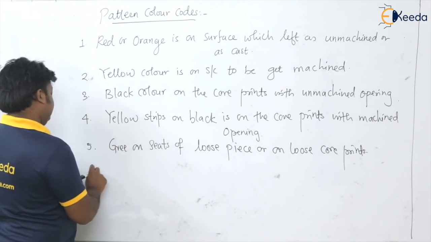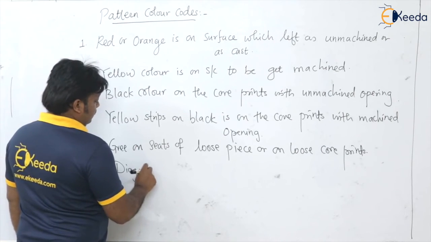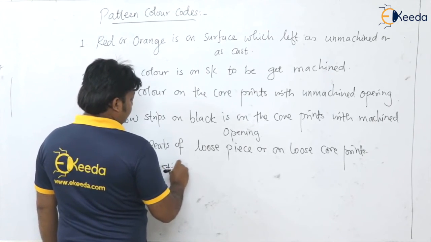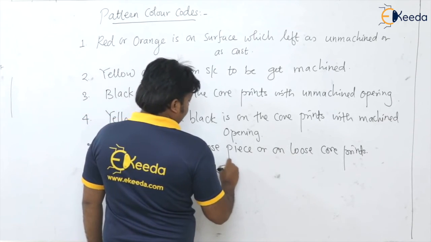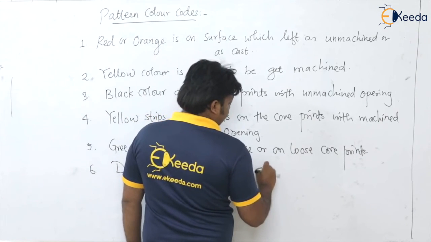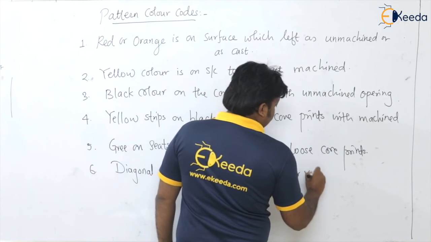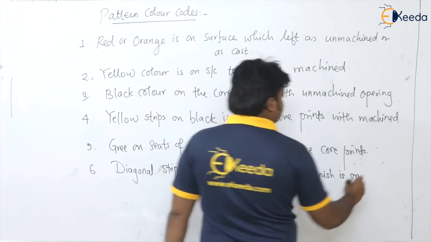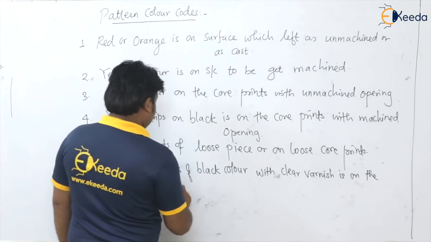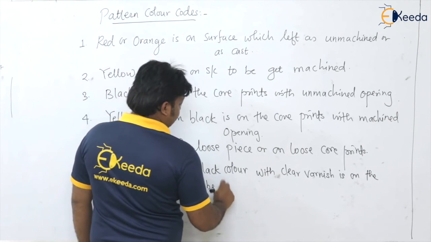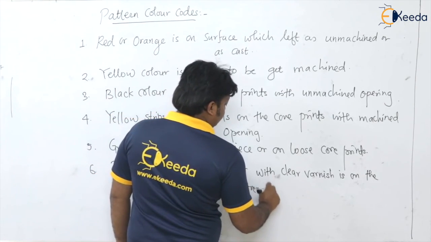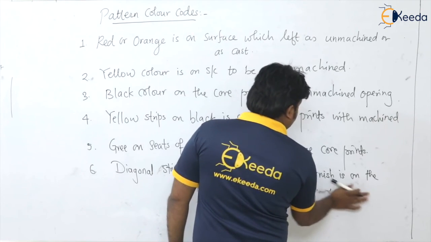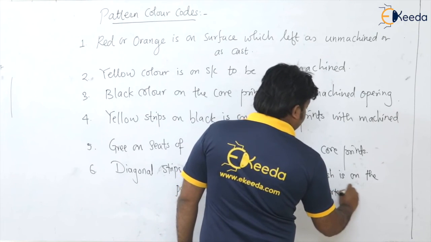Then finally we have the diagonal black strips of black color with clear varnish on the part that gets strengthened, part to be strengthened, or for shortening the casting.